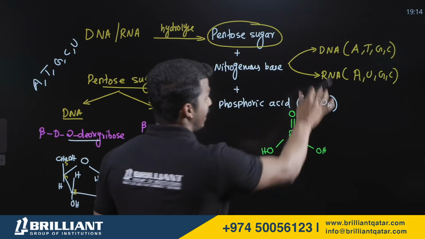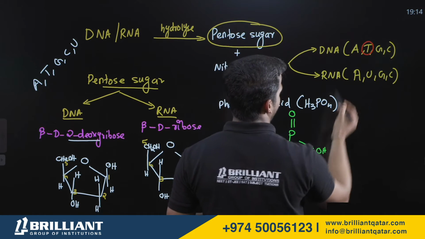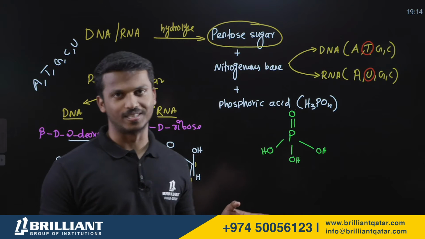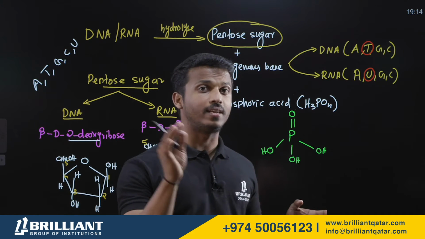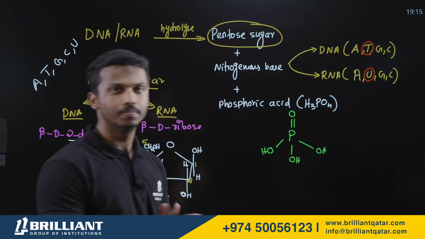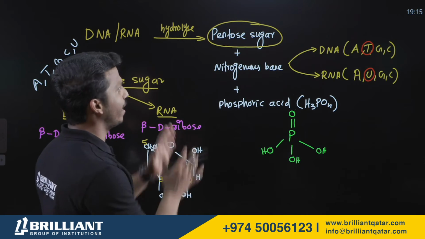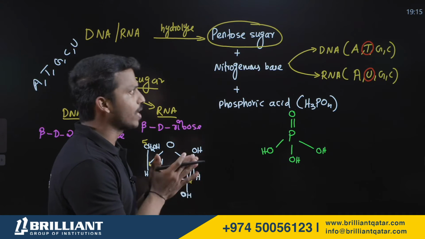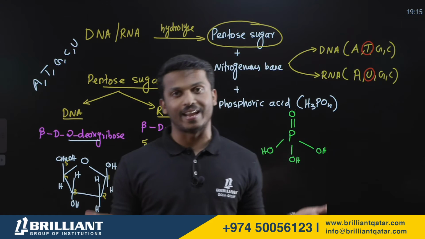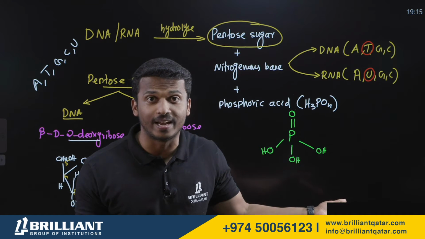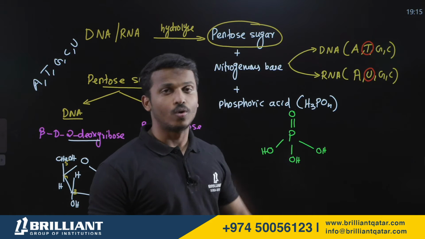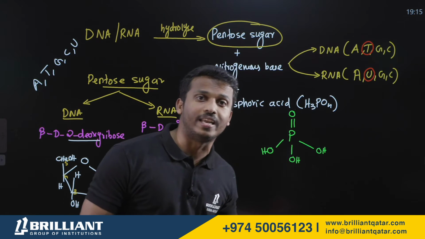Dear all, DNA contains thymine, instead of that RNA has uracil. That is the only difference. So DNA contains ATGC and RNA contains AUGC. Clear all? Okay, so the bases are also different. They will ask you questions like which bases are common in DNA and RNA. A, G, C are common. So which is the base only present in DNA?